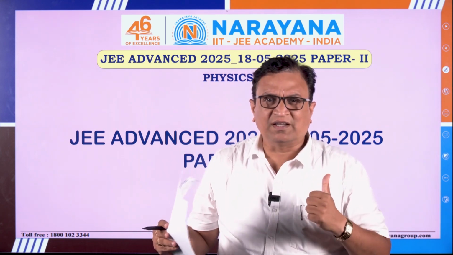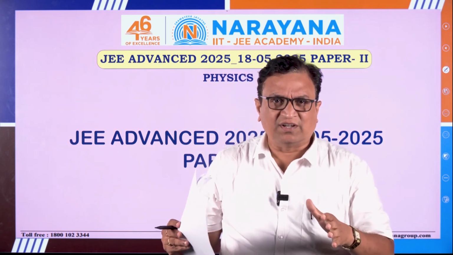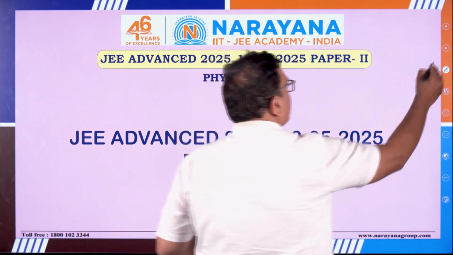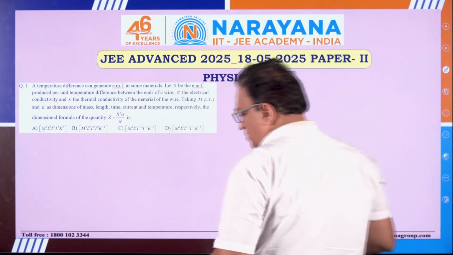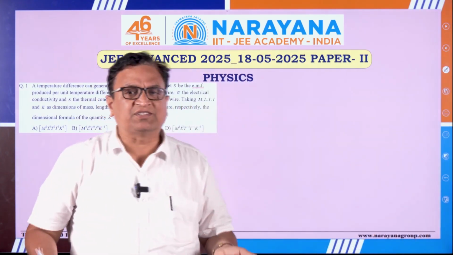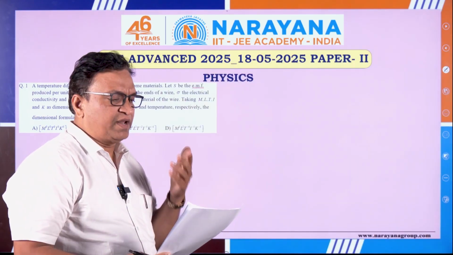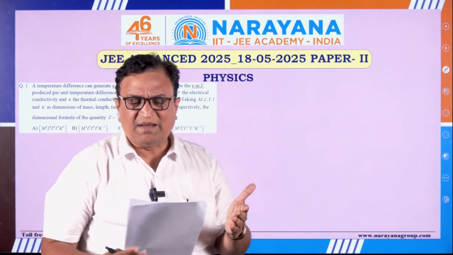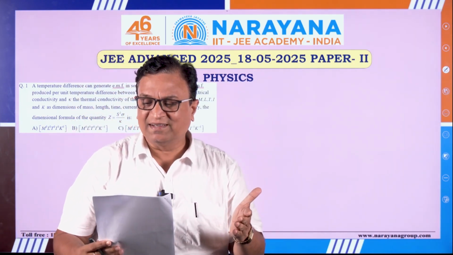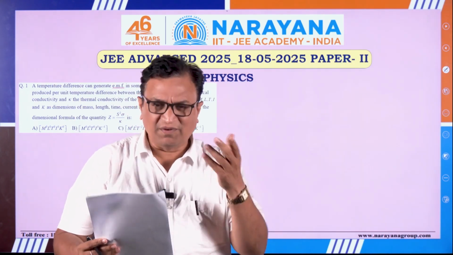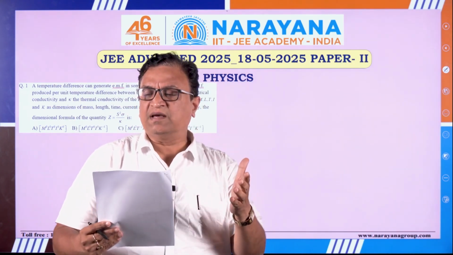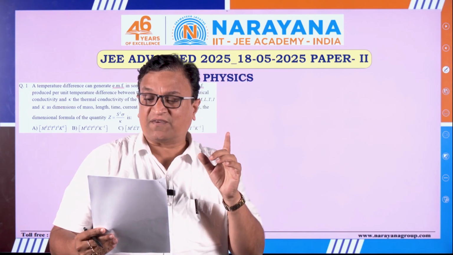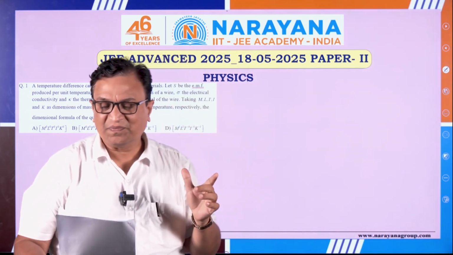So here we enter into the first section, right? So we have the first question from units and dimensions. Temperature difference can generate EMF in some materials. S be the EMF produced per unit temperature difference between the ends of a wire.